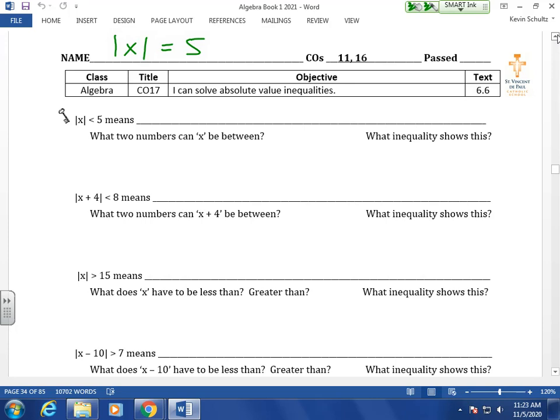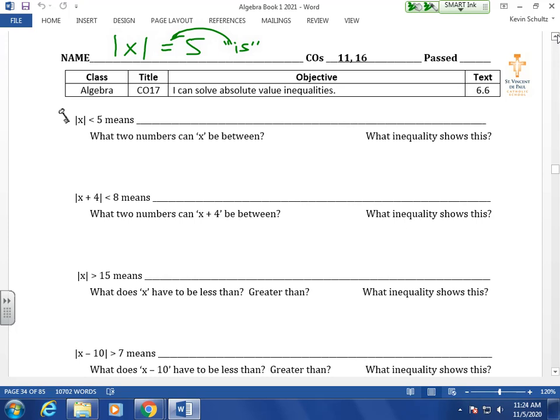Okay? So now, let's translate that to inequalities. All I've changed here is I made the equal sign into a less than symbol. So when I say the absolute value of x is less than 5, what does that mean? If the equation means that the distance of x from 0 is 5, what would this one mean?